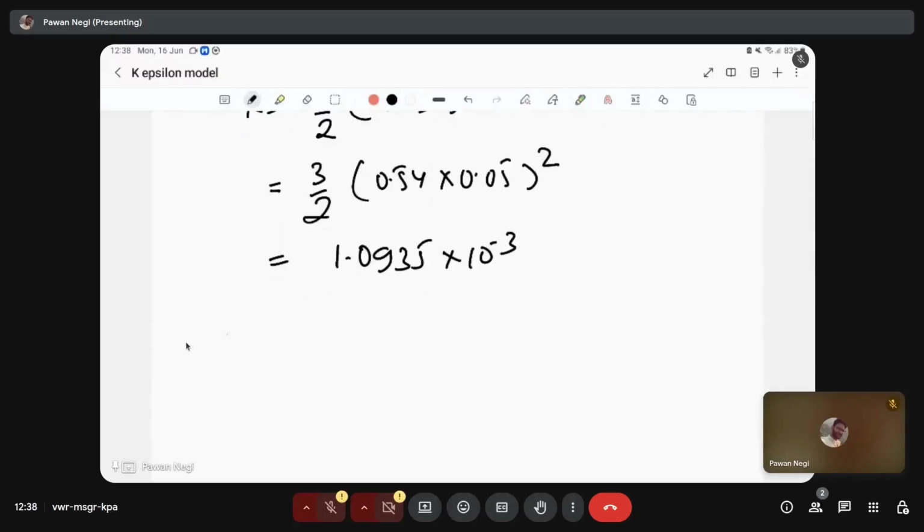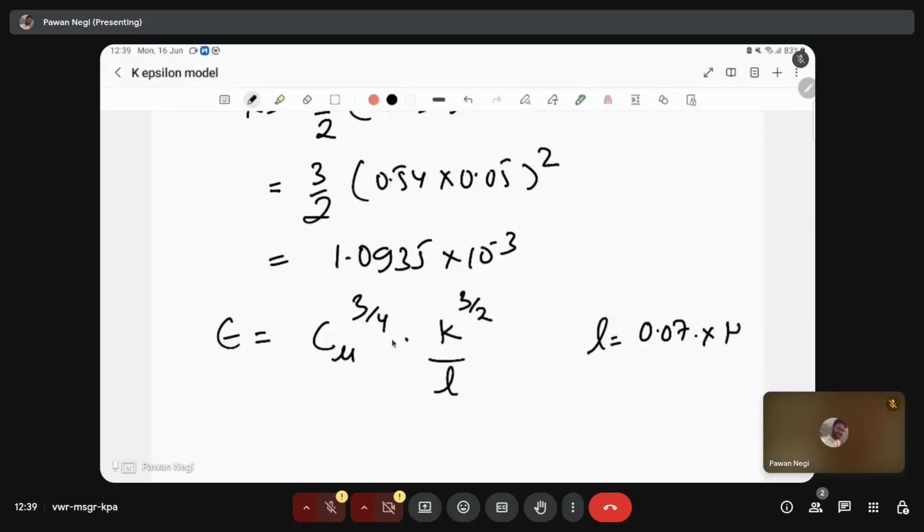And epsilon is calculated using c nu to the power 3 over 4 times k to the power 3 over 2 divided by L, where L is 0.07 times the characteristic length, which is h in our case.